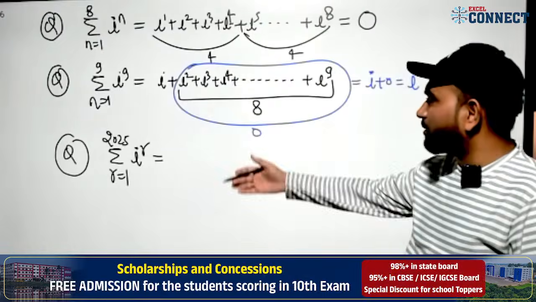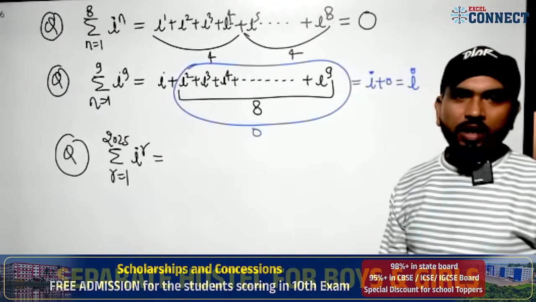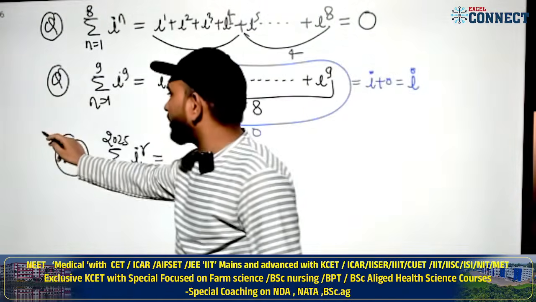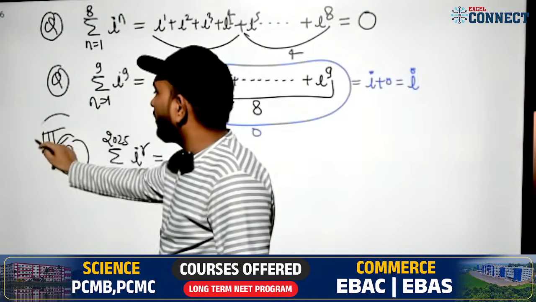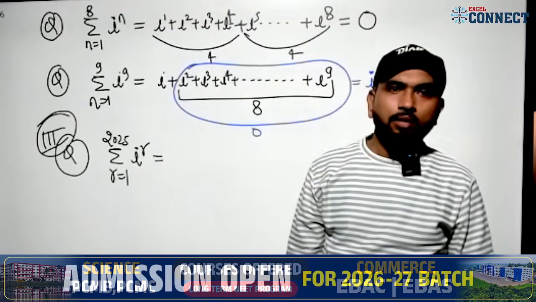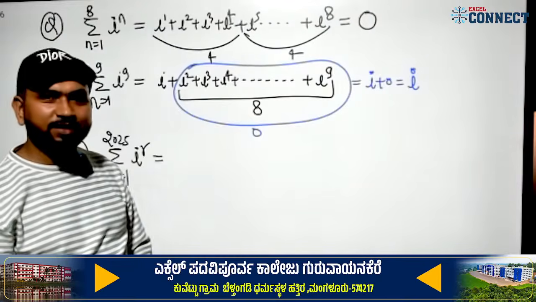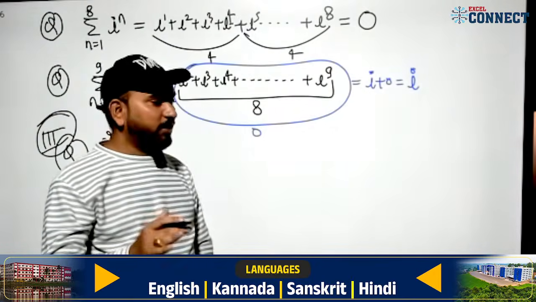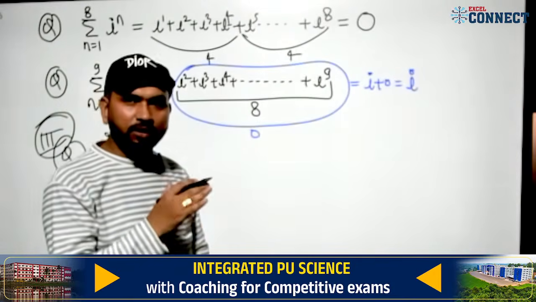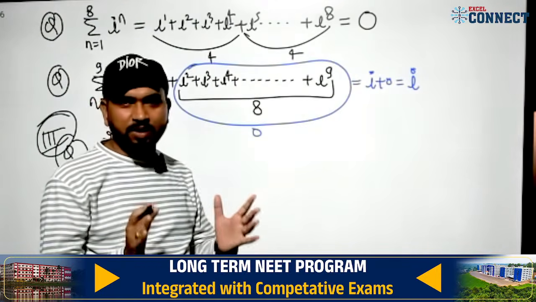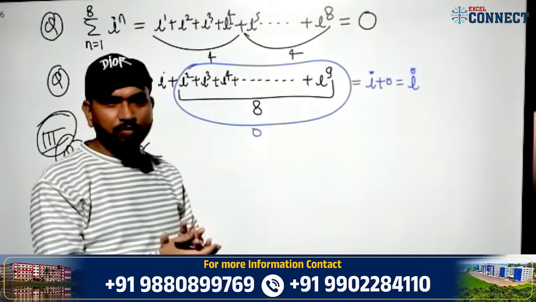Slowly I am explaining, moving to the higher concept. Yesterday I said that when I start the iota topic, I will go deeper. This is just basic for the chapter, and the chapter, complex numbers, is very big.